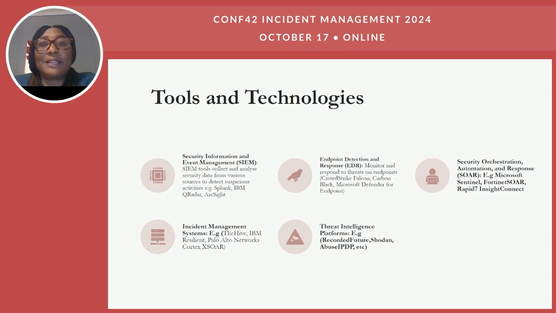Sometimes you have some incidents that are false positives. So with human intelligence, you are able to look at the behavior as well as the anomalies and be able to determine if they are true or false. This is also the role of human intelligence in playbooks and in ensuring the security of incidents.